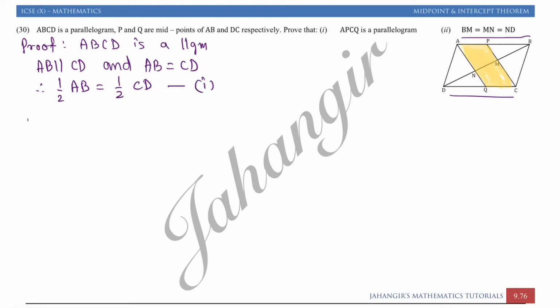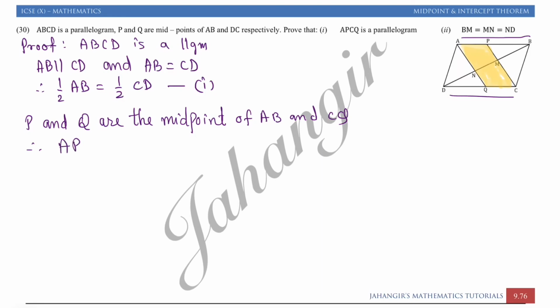Now you can say P and Q are the midpoints of AB and CD. So therefore we can say AP is equal to half AB and CQ is equal to half CD.